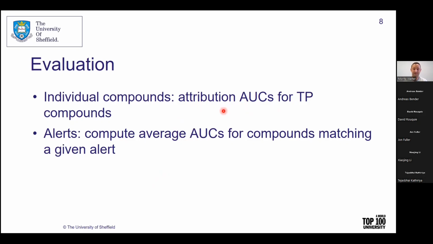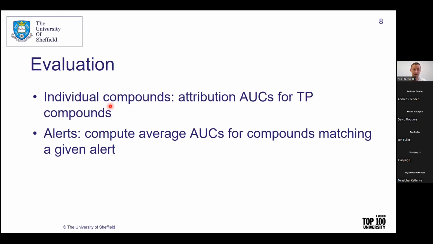We have a ranked list of atom attributions, so which atom is the most important and so on. Then we compare it to the ground truth, which atoms are part of the structural alert and which are not. Mathematically this is the same as using the area under the ROC curve for a normal classifier. That way we get an evaluation of how good the explanation is for an individual compound.